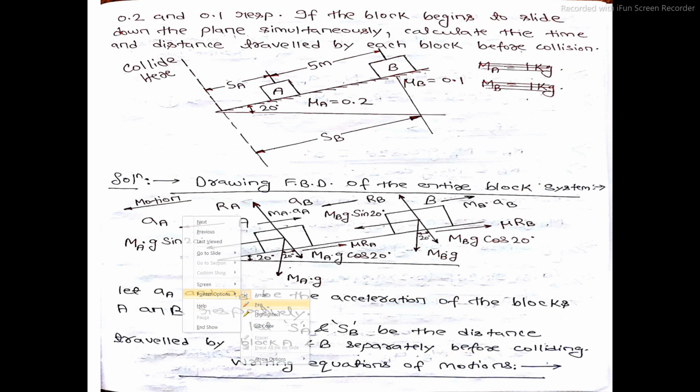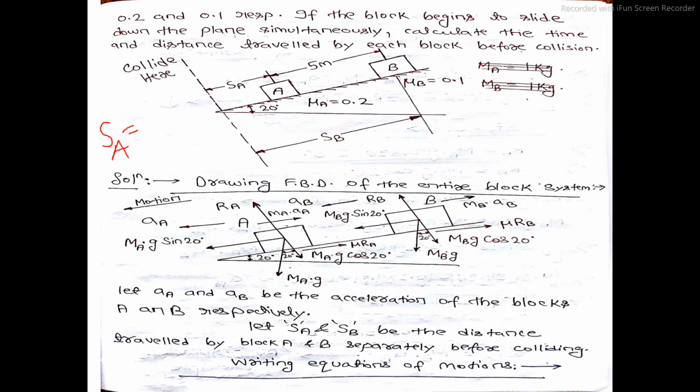So for block A, the second equation of motion is S equals UT plus half AT square. S means the distance travelled by block A from its initial position to the colliding position, and from the diagram that distance is SA, which is equal to U into T. What is U? U is the initial velocity.